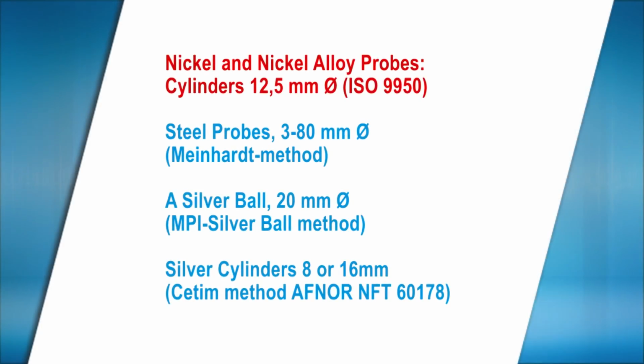nickel and nickel alloy probes using cylinders 12.5 mm diameter as per ISO 9950, or alternatively steel probes 3 to 80 mm diameter as per Meinhardt method, or a silver ball 20 mm diameter as per MPI silver ball method, or silver cylinders 8 or 16 mm diameter as per SETIM method.